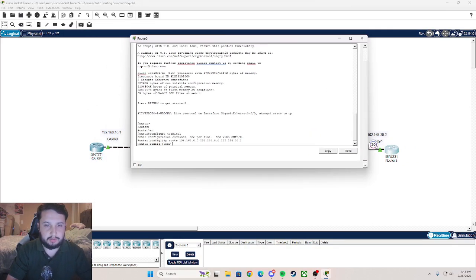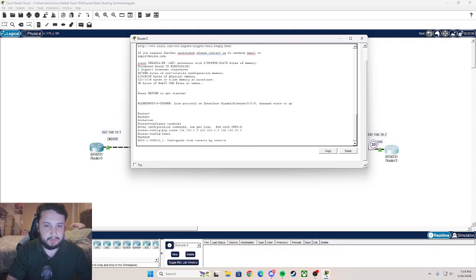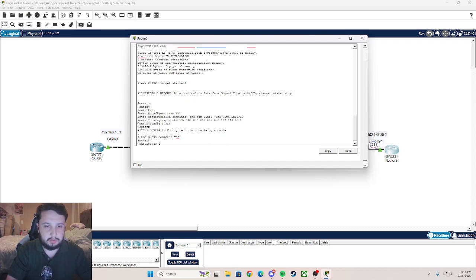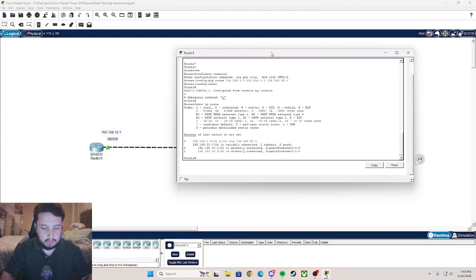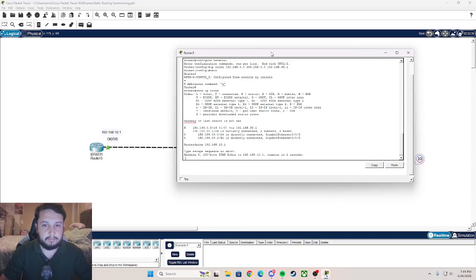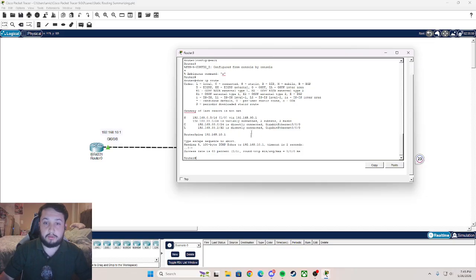I'm going to do my routes, and it should show all my static routes. Okay, and then on R3, I should be able to ping R0. So it did work.